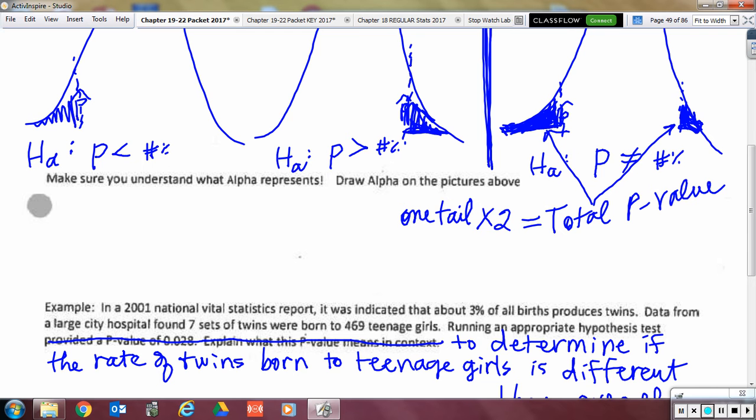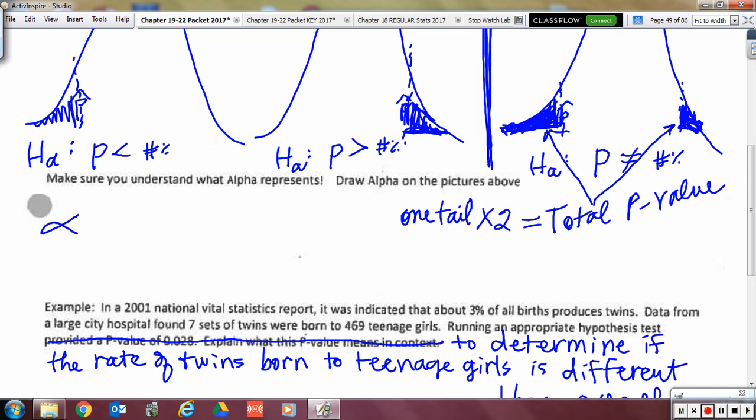Okay, so that's the one thing that you have to remember, is that if it's a two-tailed problem, when you get your one p-value, your one area that you compute, that's only half, multiply it by 2 to get the total. Okay, and so again, p-values are the shaded area. They are that probability of getting that sample or something more extreme if the null is true.